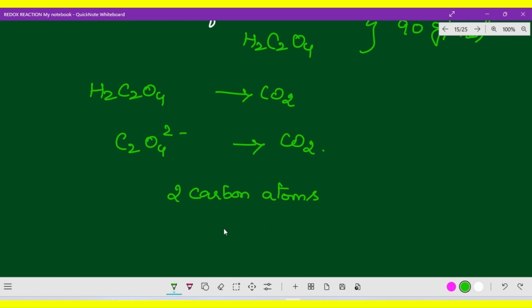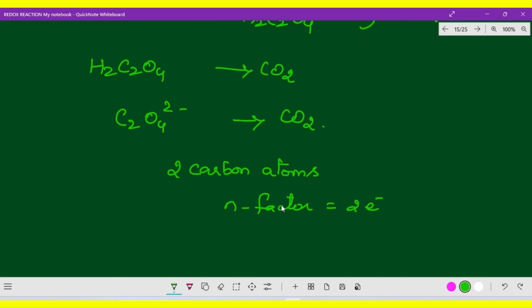So the N factor is 2 electrons. In the previous video also we went through this kind of question: when the oxalate ion comes, the N factor, the number of electrons changed, is 2. The same idea only, just to bring it here.